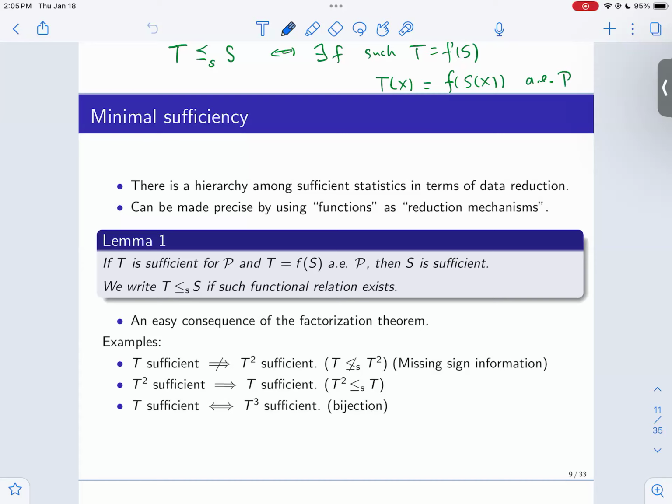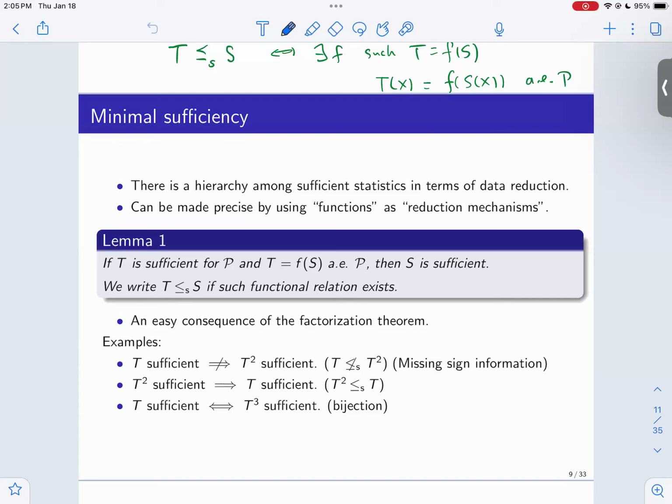So if you have a statistic t, for example, when you form t squared, you lose information. Anytime you form a function, you lose information, unless that function is injective. And so we just introduced this notation that we write t is smaller than s in this order if there exists a function f such that t can be written as f of s almost everywhere under the probability measures that we consider in the model.